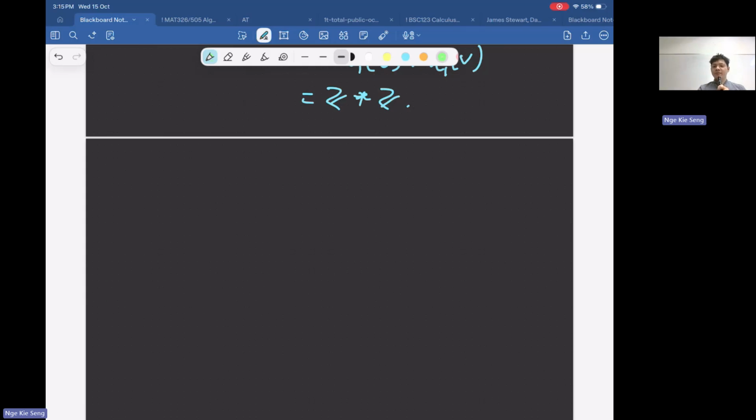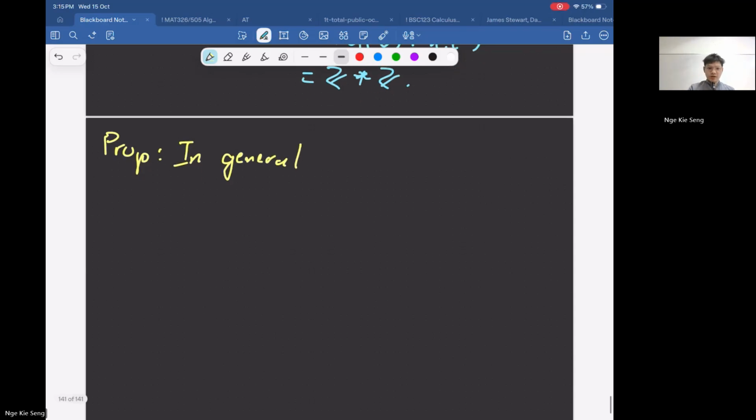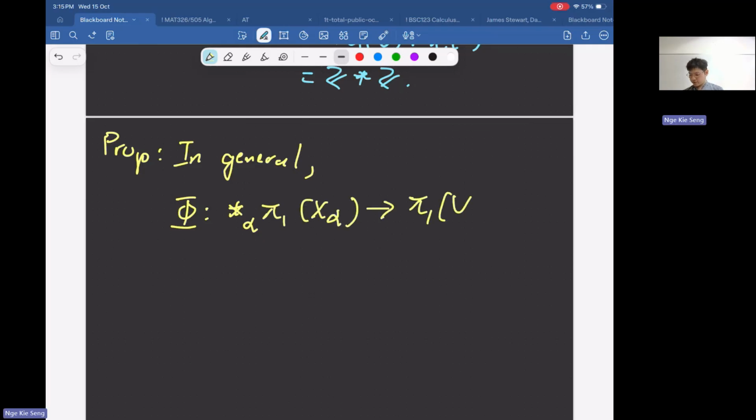Right, okay, so actually as a proposition in general, this map here, phi of the free product alpha, pi1 of x alpha, going to pi1 of the wedge of e alpha x alpha, is an isomorphism actually.